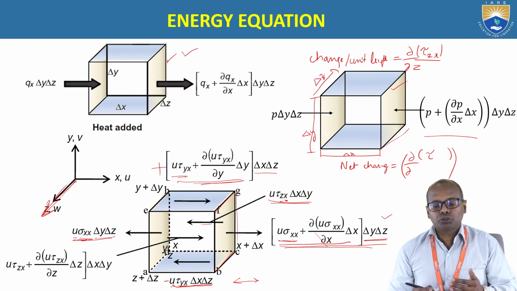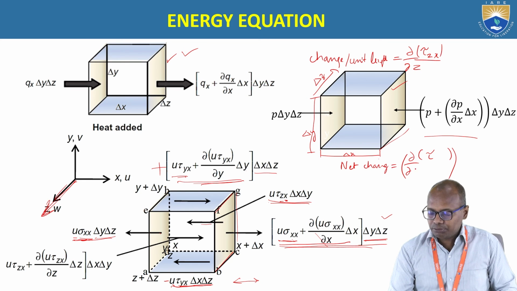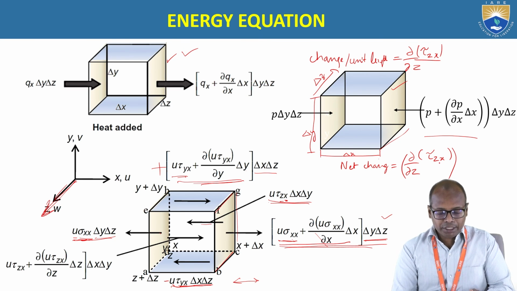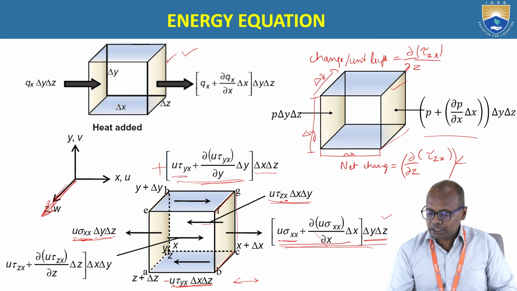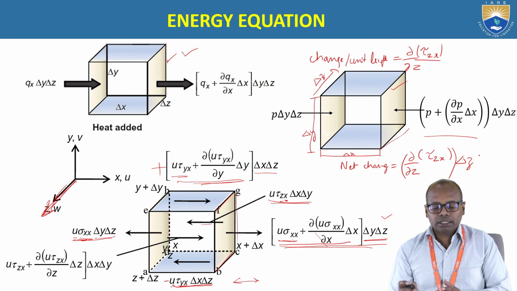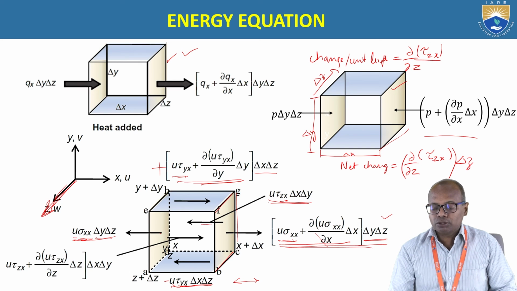Net change is equal to change per unit length into total length. Now what is the length in z direction? The length in z direction is delta z. So the net change is dou by dou z into tau zx into delta z.